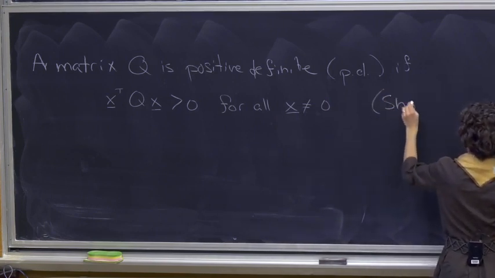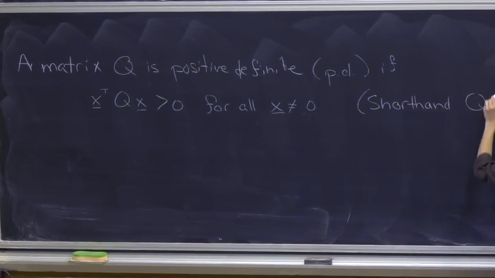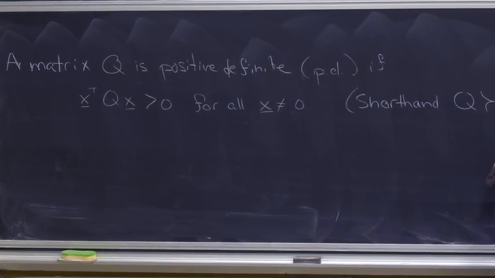And the shorthand is to say Q is sort of like curly greater than 0.